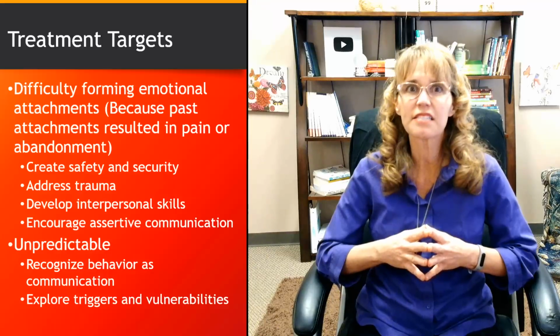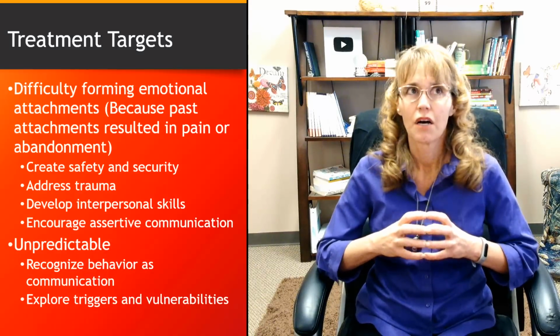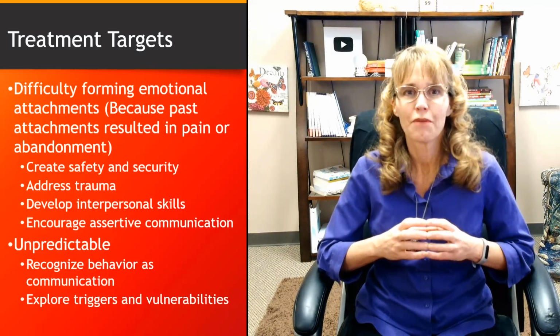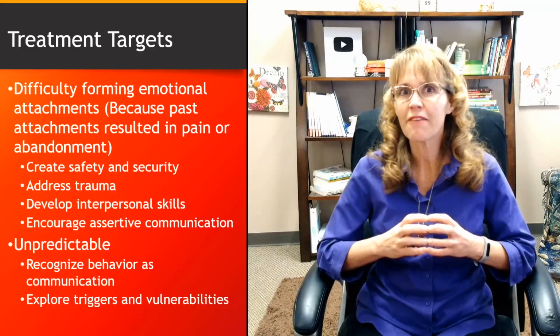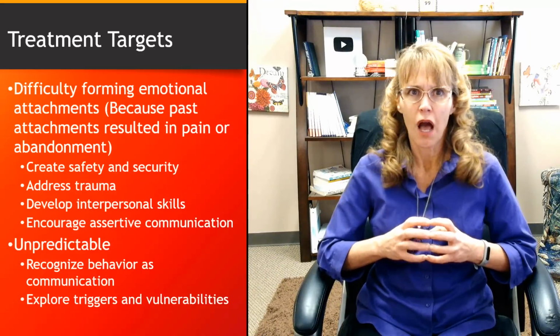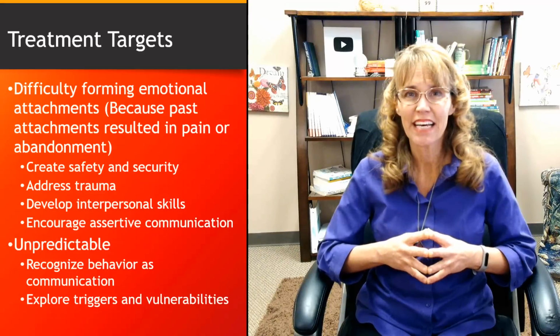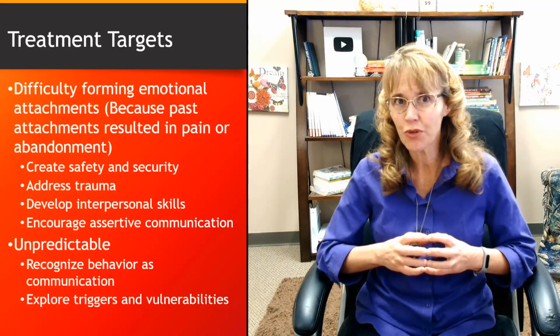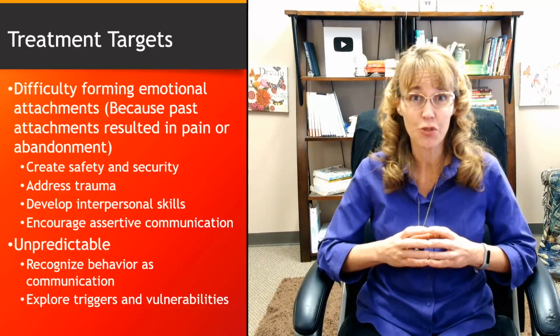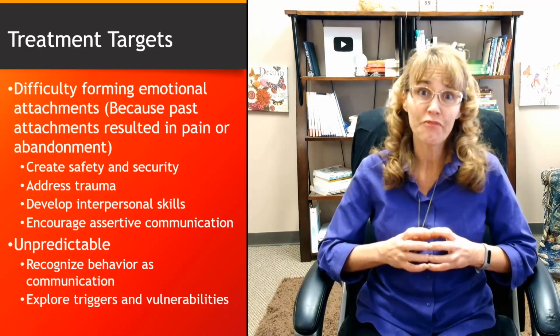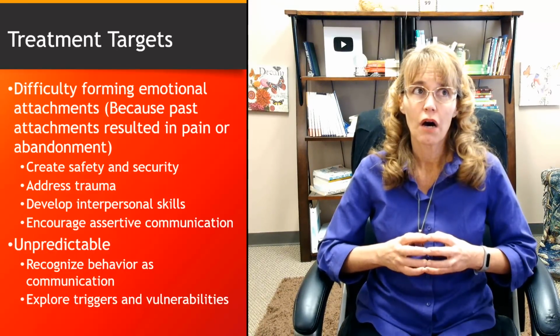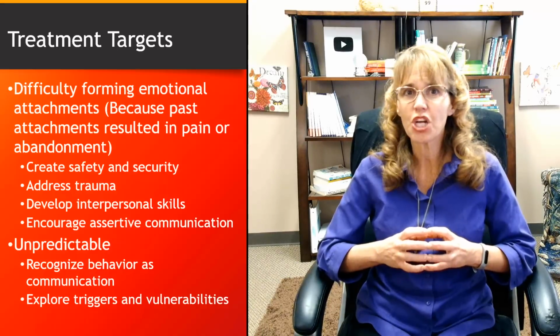And I spent several hours poring through PubMed looking for information about current best practices for working with people with reactive attachment disorder or disinhibited social engagement disorder, and I came up with very little. There are a mishmash of approaches.